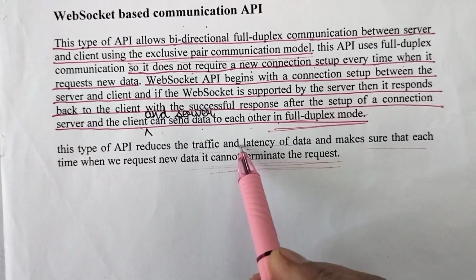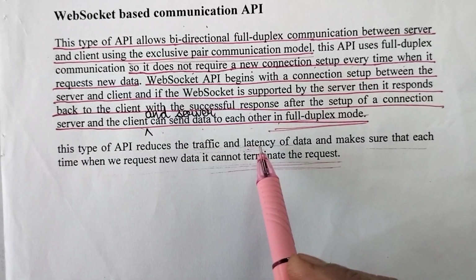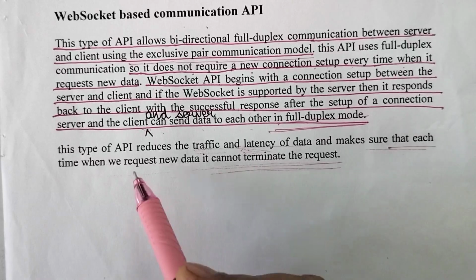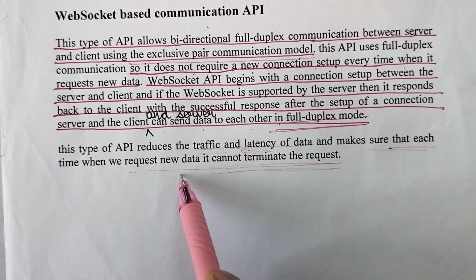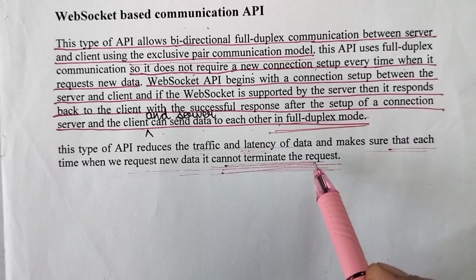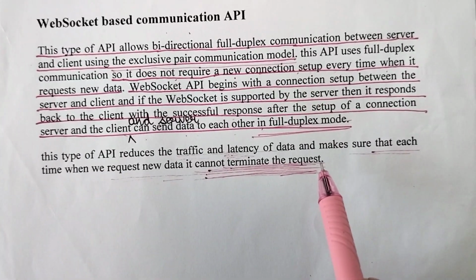Also, the latency automatically reduces, because when there is less traffic, the client would get a faster or quick response. This makes sure that each time a client requests new data, it cannot terminate the request, because the request is terminated only when there is huge traffic and the server is not able to respond to all of them. But here the server is exclusively for that particular client, so obviously it cannot terminate the request by the client.